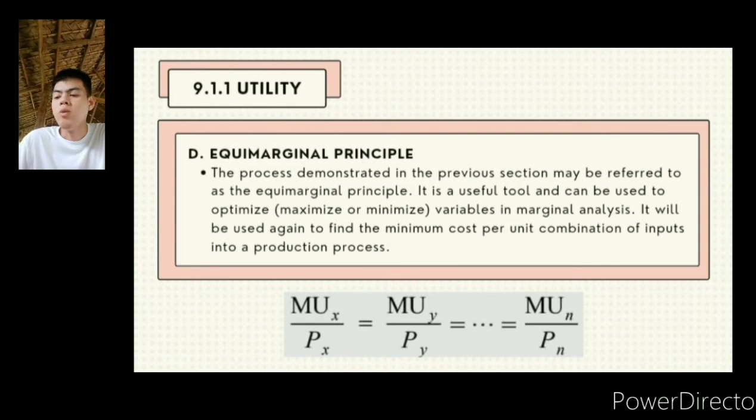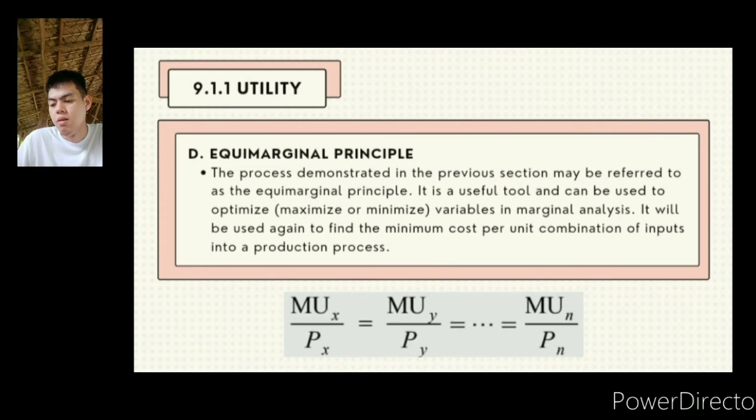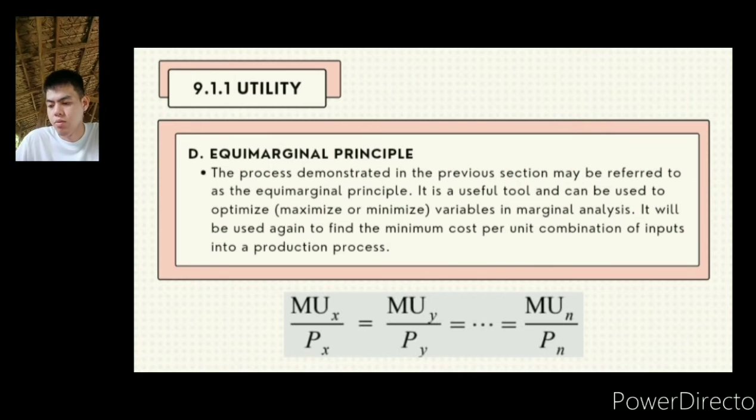The equimarginal principle can be expressed: marginal utility of X over Px equals marginal utility of Y over Py equals marginal utility of N over Pn.